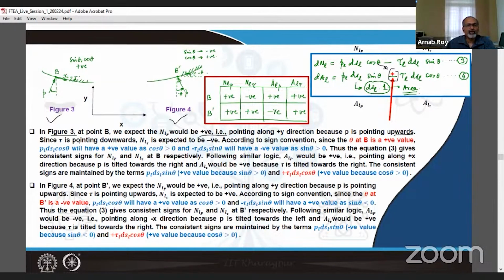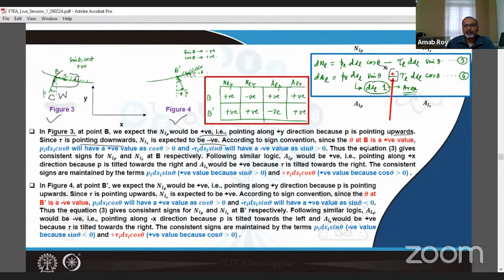Since tau is pointing downwards here, N_l,tau is expected to be negative according to sign convention. Since theta at B is a positive value, remember that we have to go clockwise from vertical to reach pressure, and we have to move down from the horizontal to reach tau.